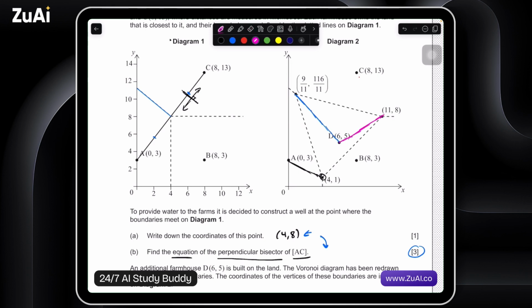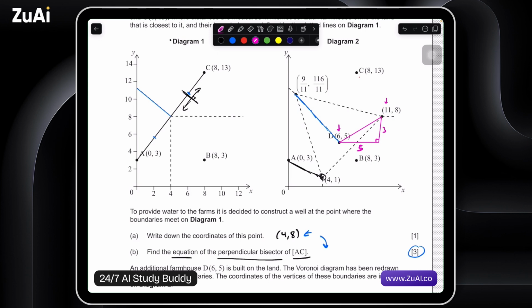Okay, so 2 different things we can do. We can use the distance formula, but the distance formula is essentially the Pythagorean theorem. So let's just use the Pythagorean theorem. If we're at 6 and we travel to 11, we know we're going to have a base of 5. And similarly, if we're at 5 and we go up to 8, we're going to have a height of this right angle triangle of 3.